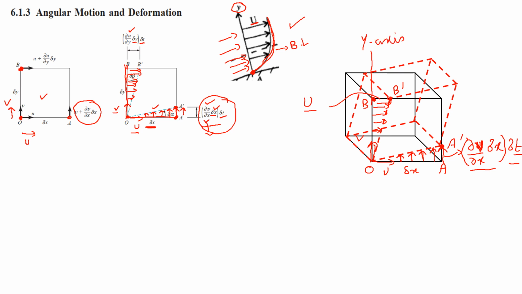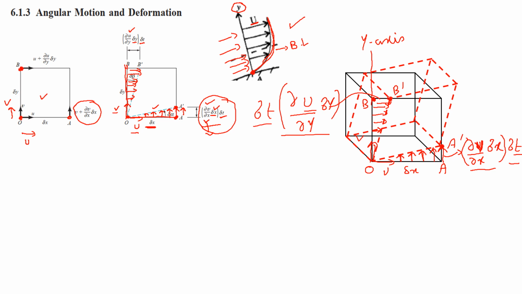So this gradient is partial u over partial y for the edge delta y with respect to time delta t. This is what our angular motion and deformation will look like in three dimensions.